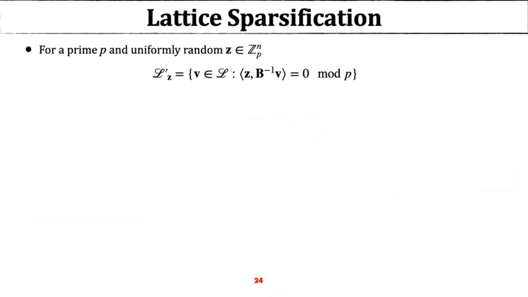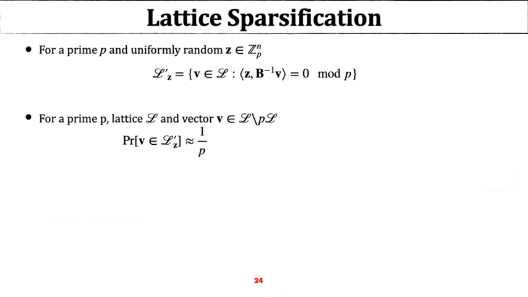So this is a sublattice of the lattice L, and the main observation here is that the probability of any vector v in the lattice L to be in the sublattice L prime z is almost 1 by p. There is a small factor of order 1 by p square, but that is small, so we can ignore it.